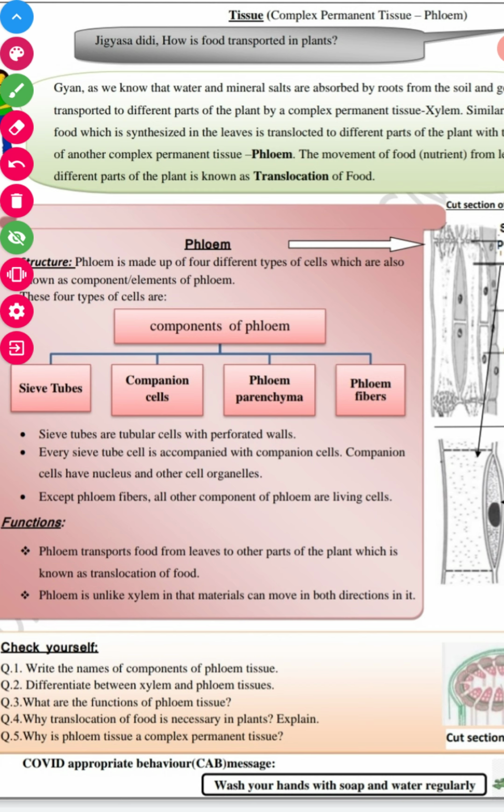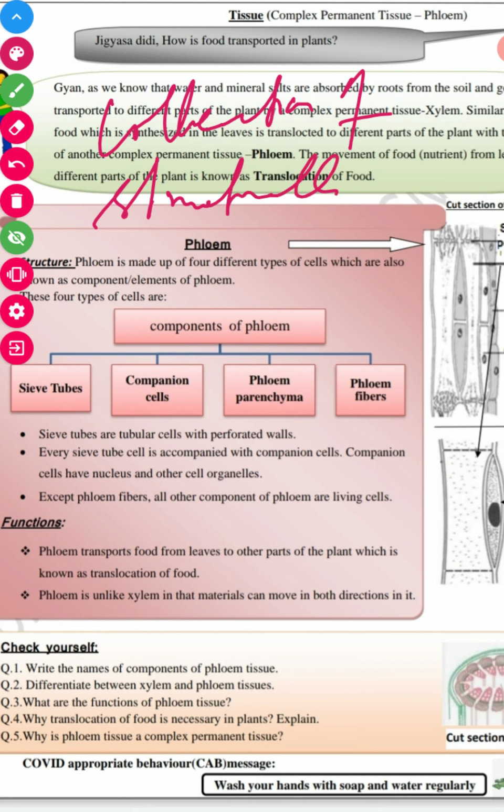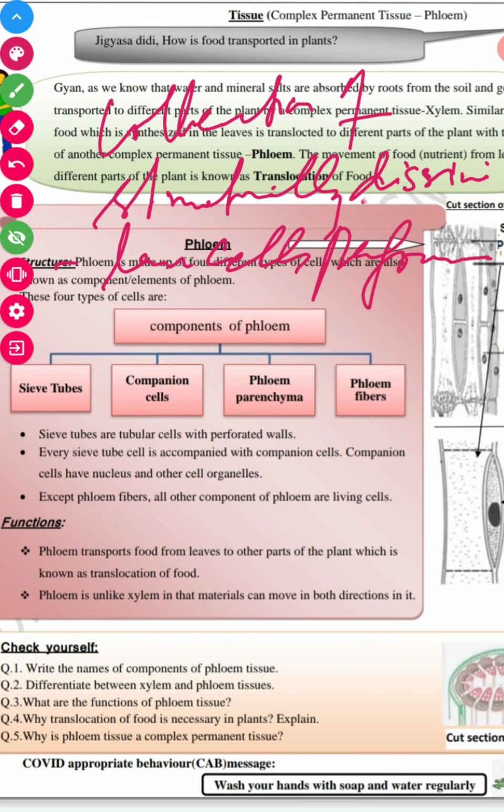So, complex permanent tissues are the collection of structurally dissimilar cells performing a common function, right?